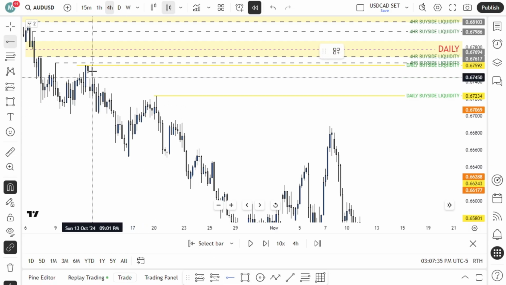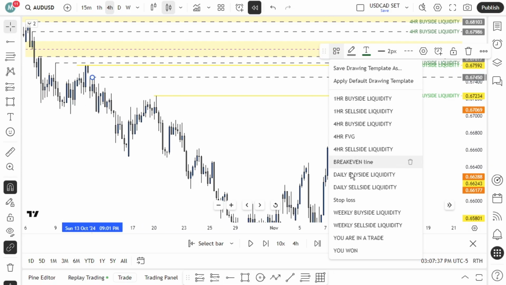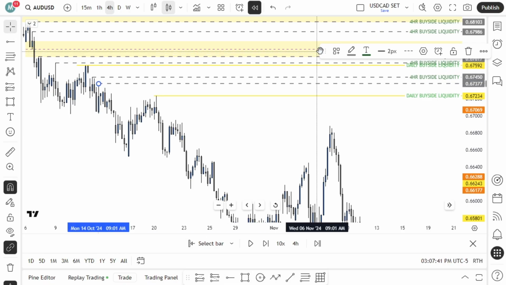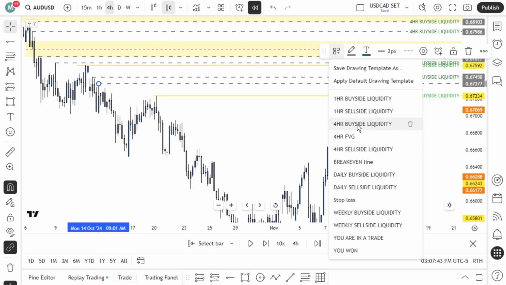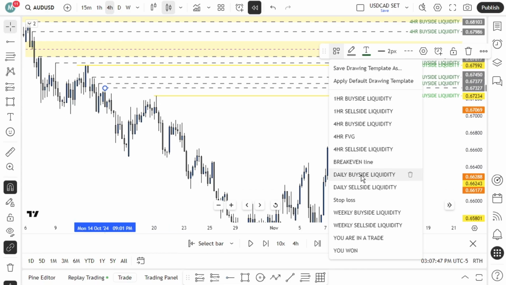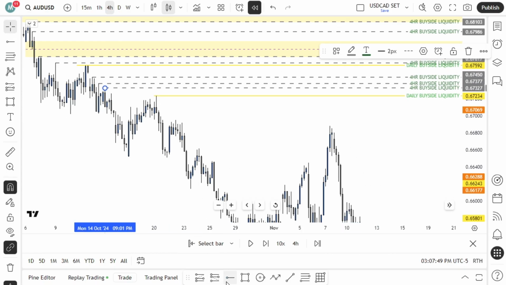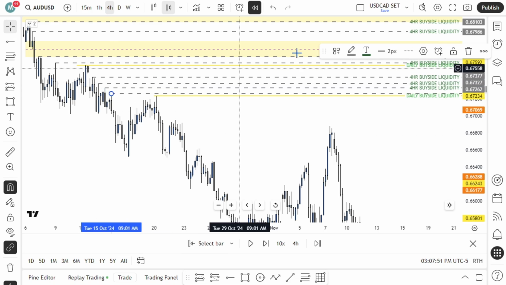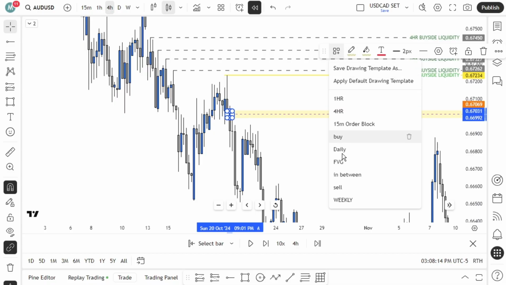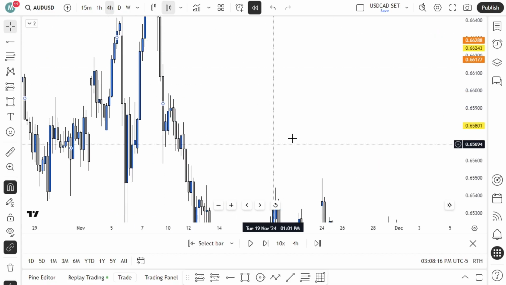And then we have several in between here. We have a 4-hour fair value gap here.